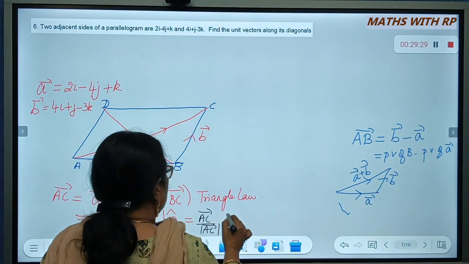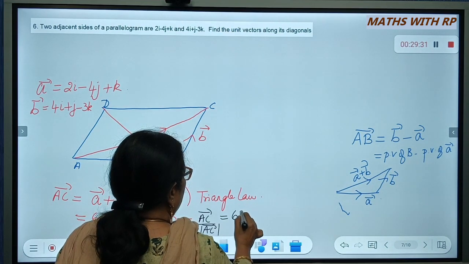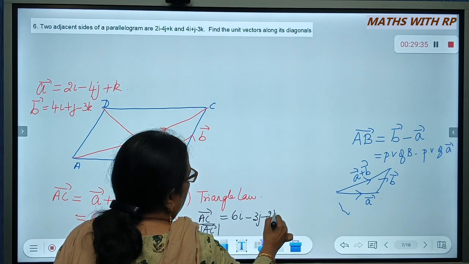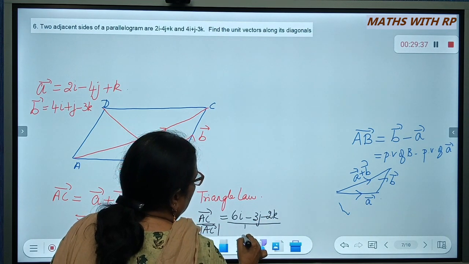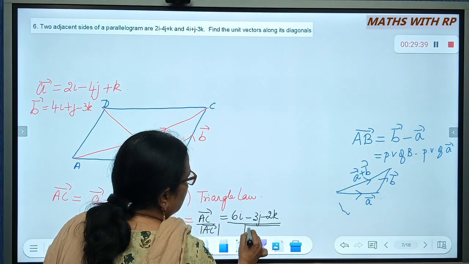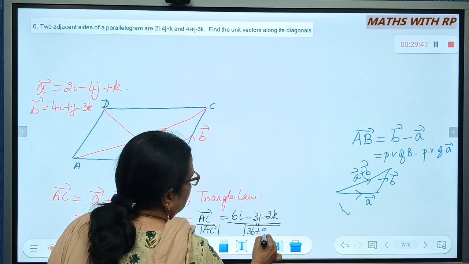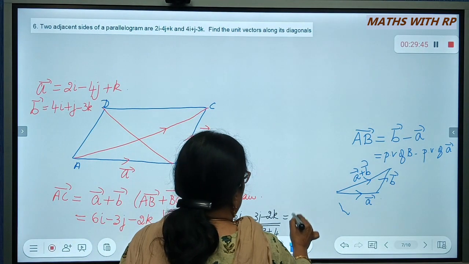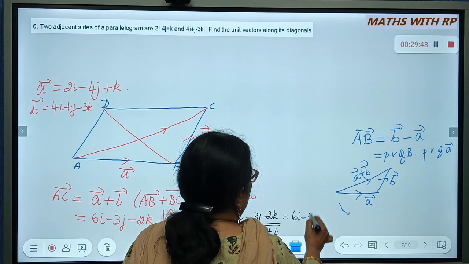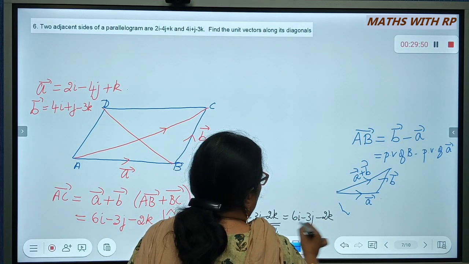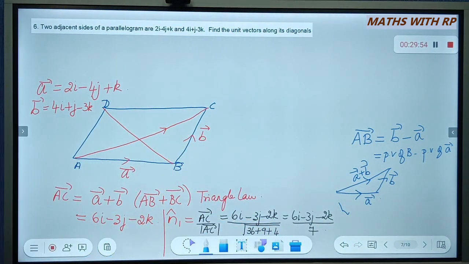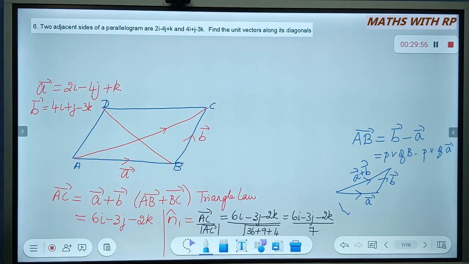So AC vector is 6i minus 3j minus 2k divided by root of 36 plus 9 plus 4. This is 6i minus 3j minus 2k by 7. So we have found one diagonal, but there is another diagonal.